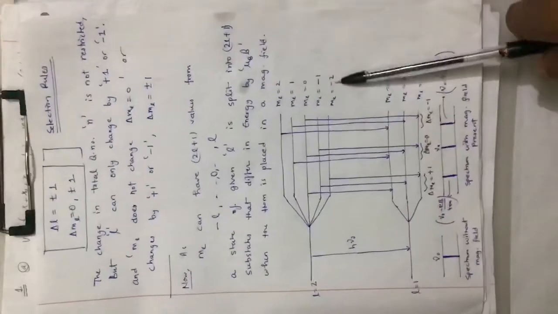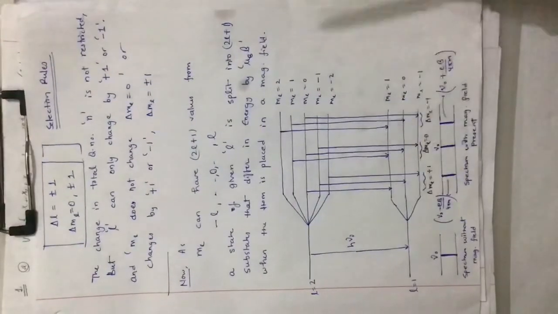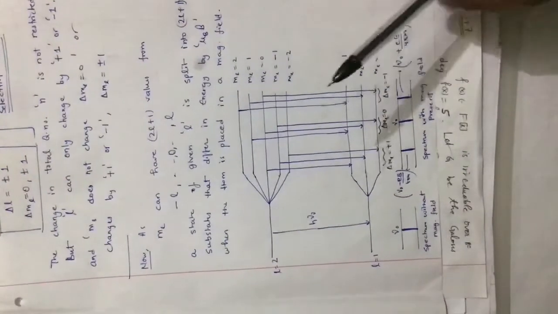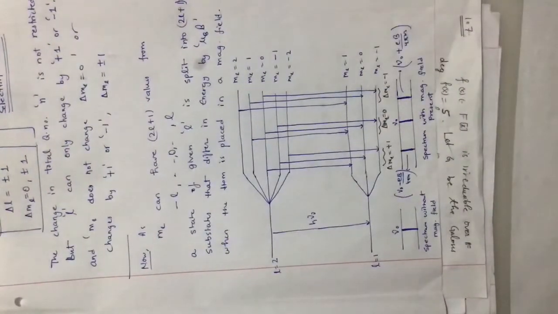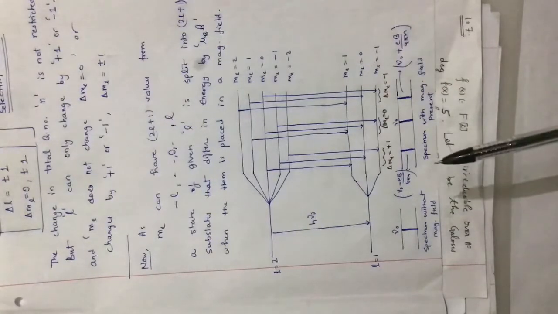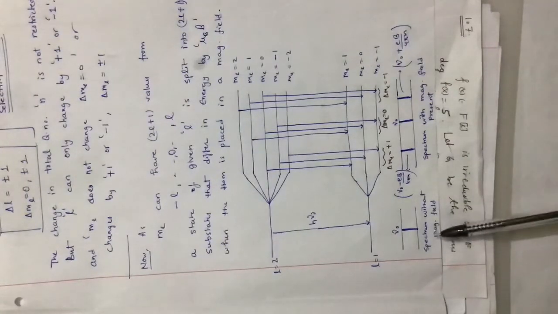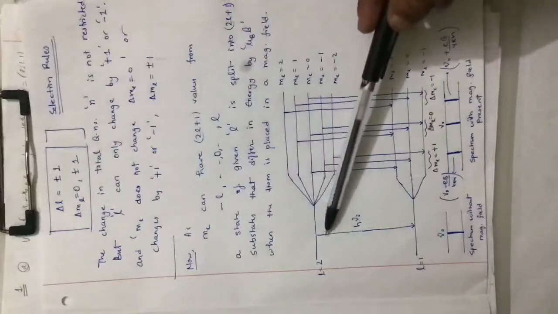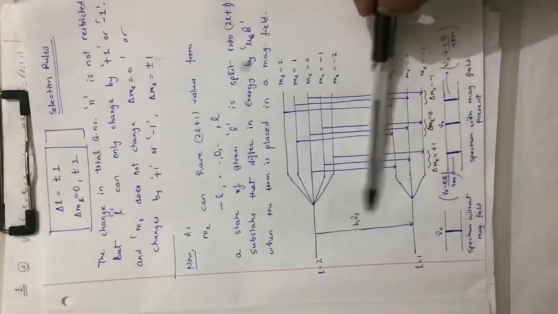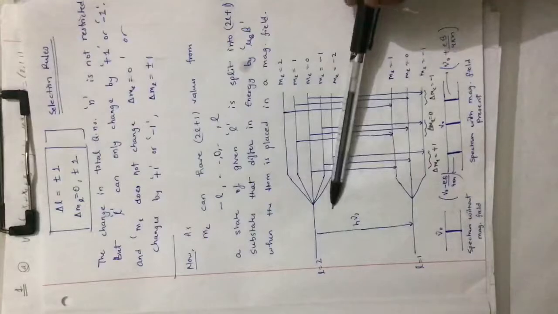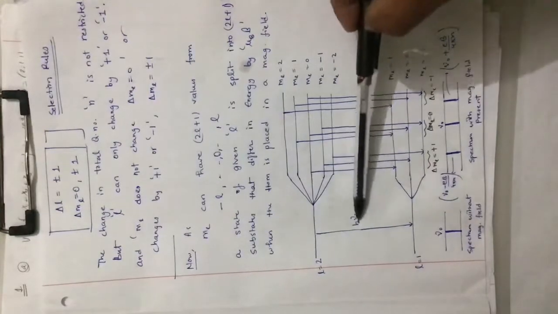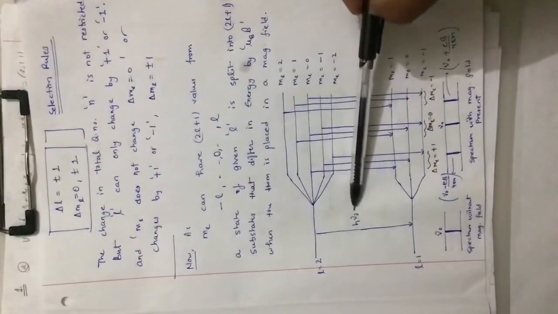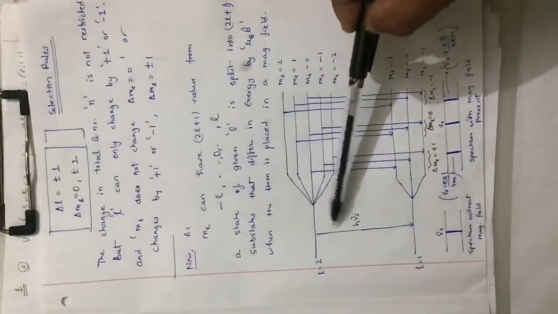So when the atom is placed in an external magnetic field, now we are going to discuss the transition. Now let's look into this. First of all, initially the spectrum without magnetic field. Now this is the spectrum without magnetic field. Now I am not applying here any magnetic field. This is the characteristic frequency of a transition when the electron goes from L is equal to 2 to L is equal to 1.